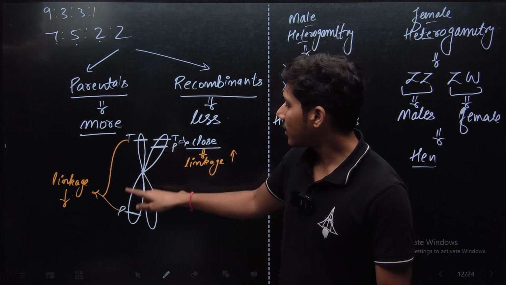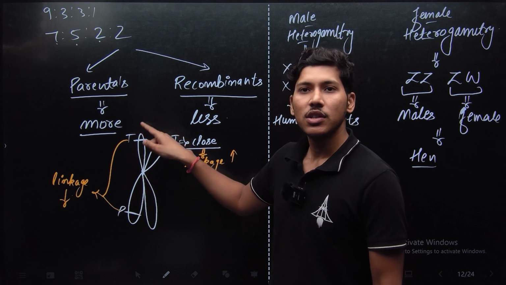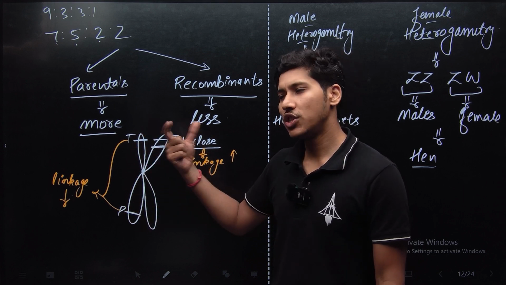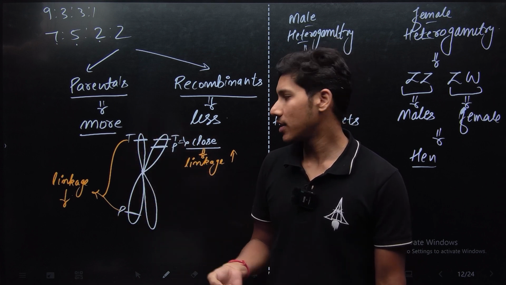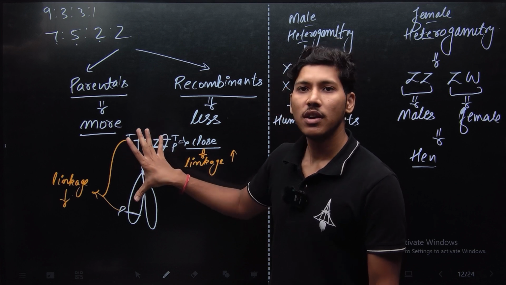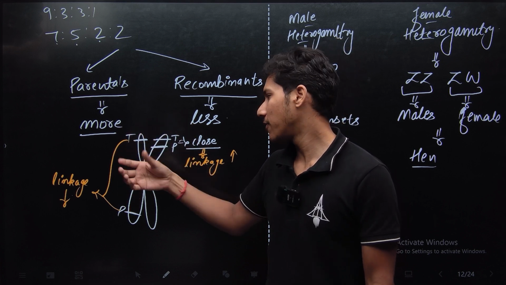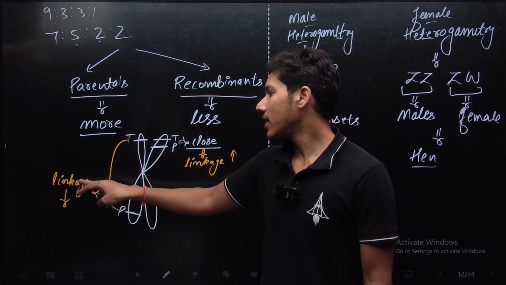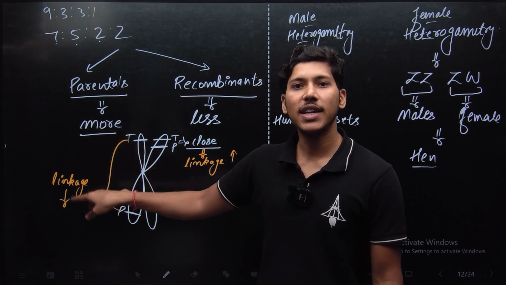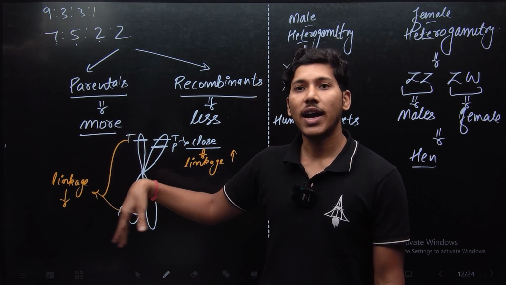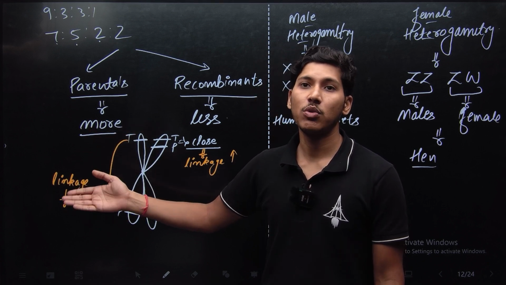If the distance of the genes for both the characters is very far, then we know that the amount of linkage will be less and the amount of recombinants produced will be higher.